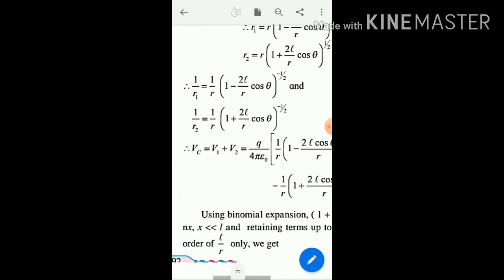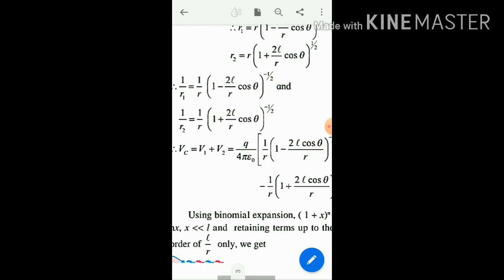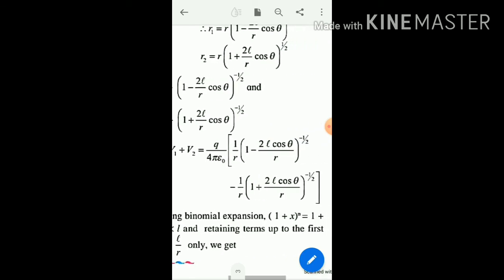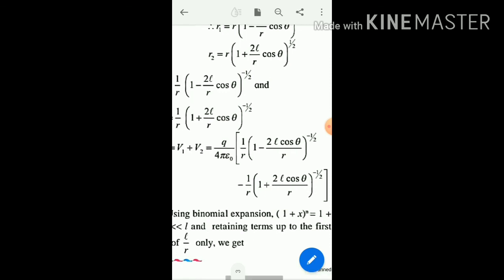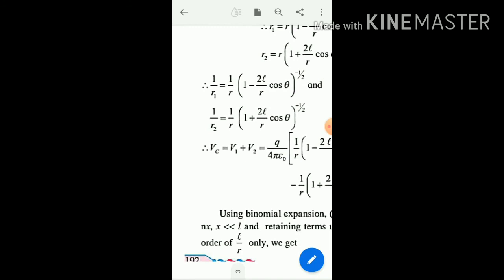simplify the above equation using binomial expansion. We know the binomial formula, 1 plus x raised to n equal to 1 plus n into x. This binomial formula can be used, and in this equation we consider x very much less than 1.